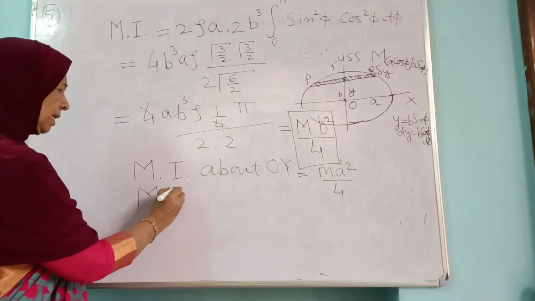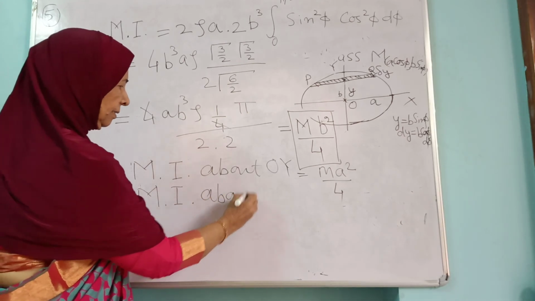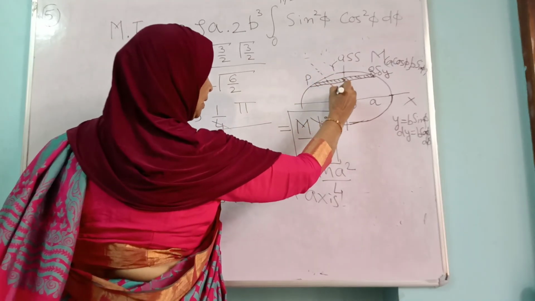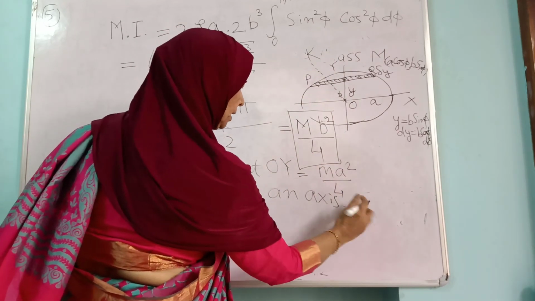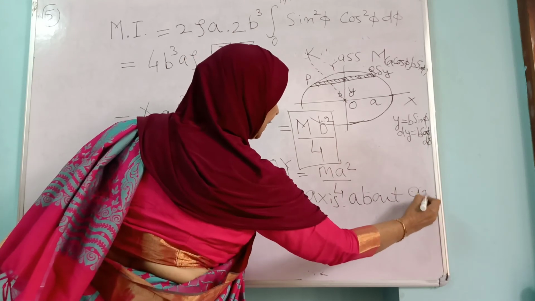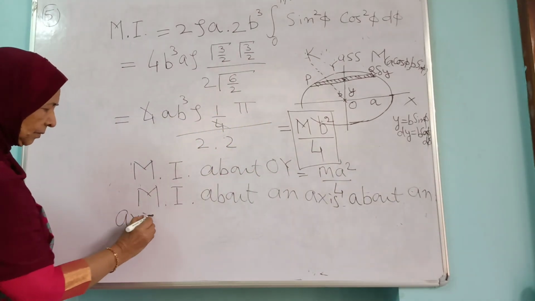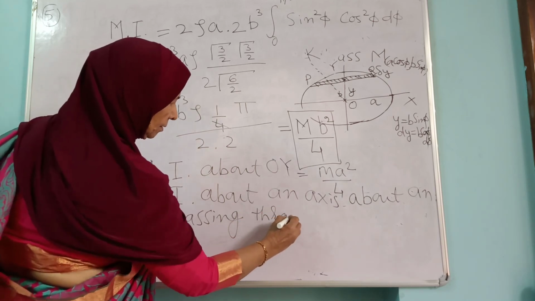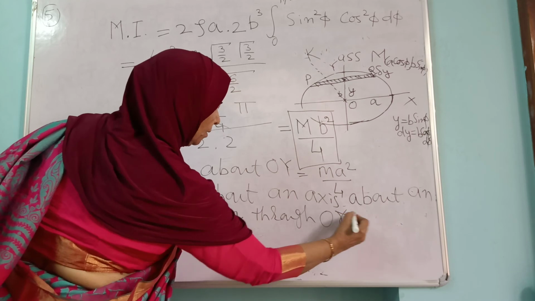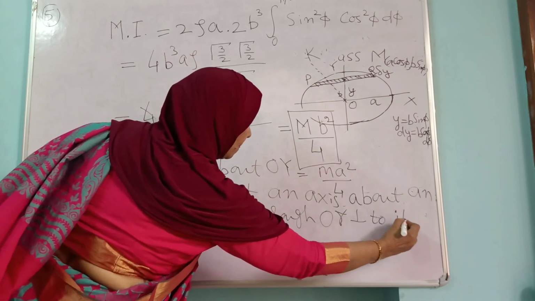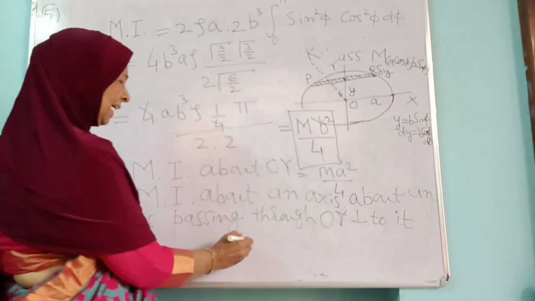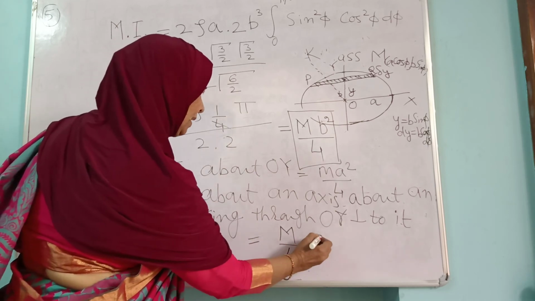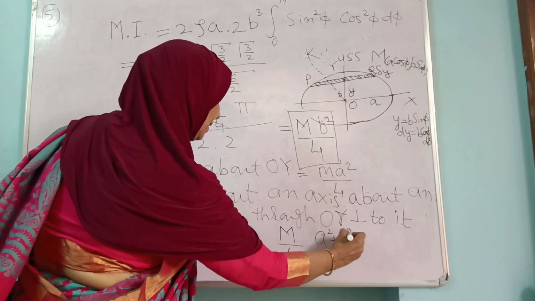And the moment of inertia about an axis passing through O and perpendicular to it will be m by 4 times (a square plus b square).